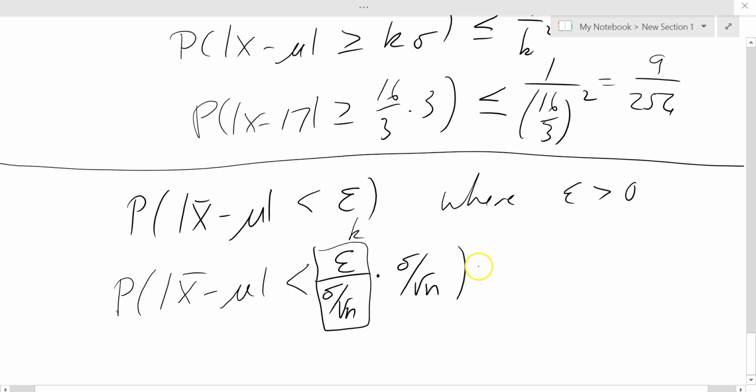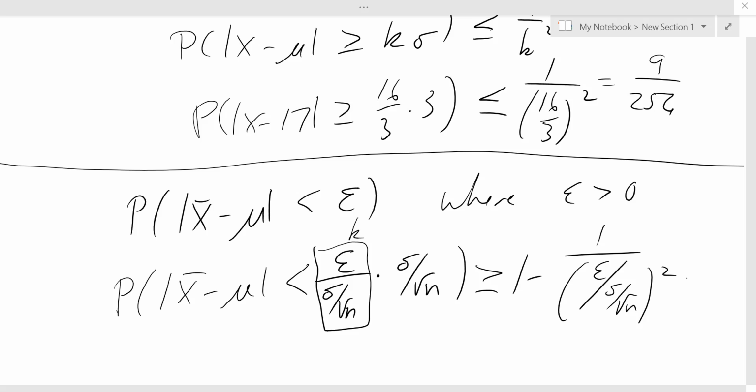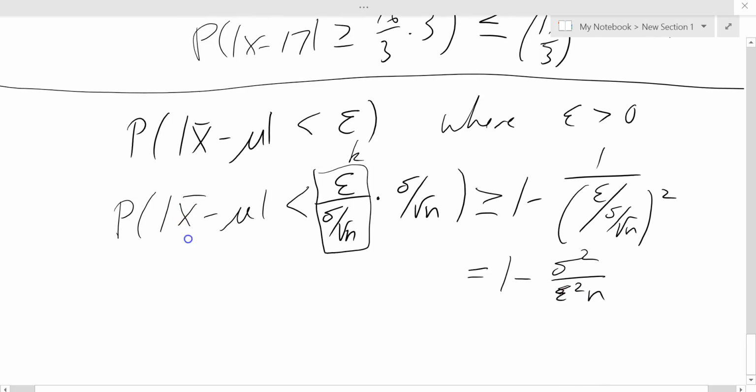So this will be greater than or equal to 1 minus 1 over that mess squared, right? And if you simplify that, that'll be 1 minus sigma squared over epsilon squared times n.